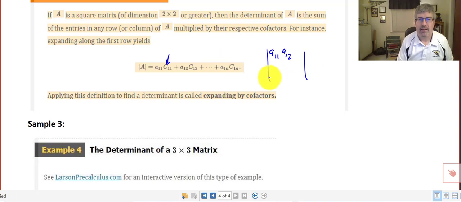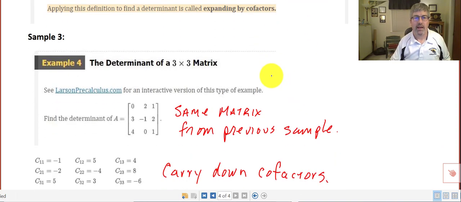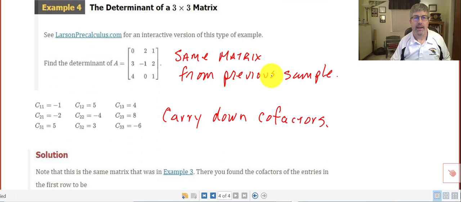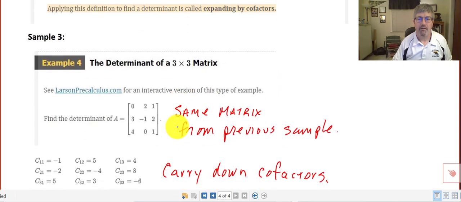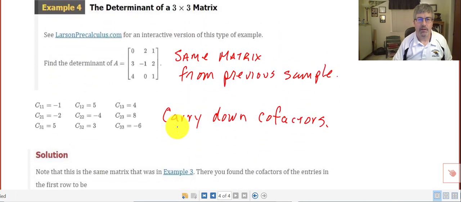Once you have that sum for that particular row, you have calculated the determinant. So what does that look like? Let's find the determinant of a 3 by 3 matrix, or, as you might see in the instructions, let's expand the cofactors of a 3 by 3 matrix.